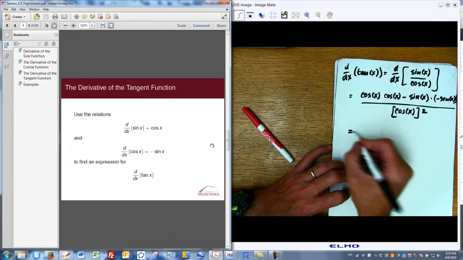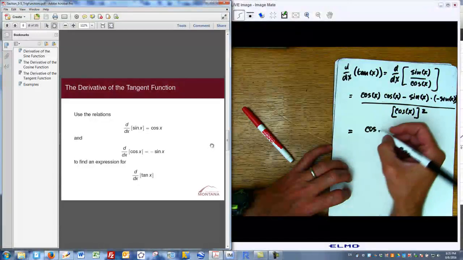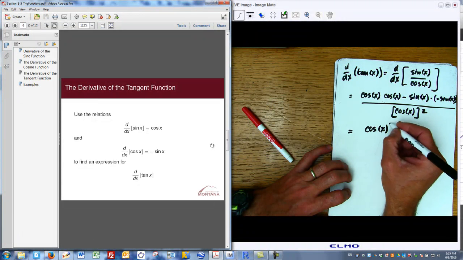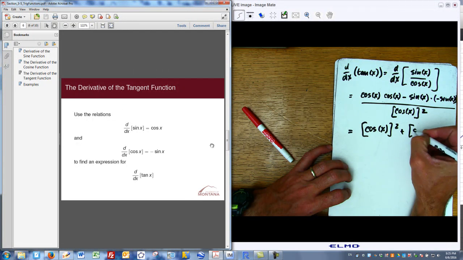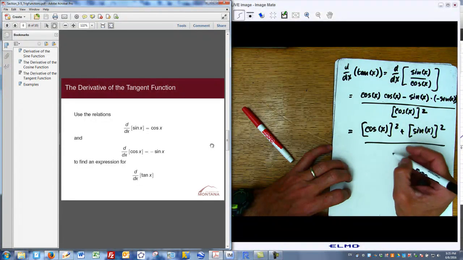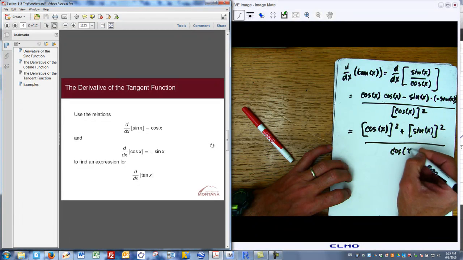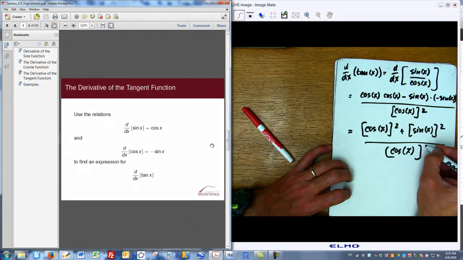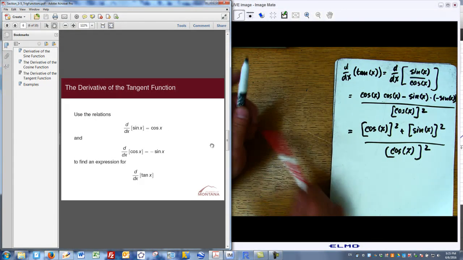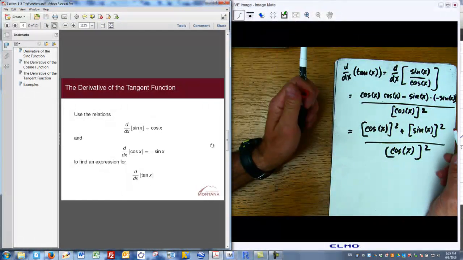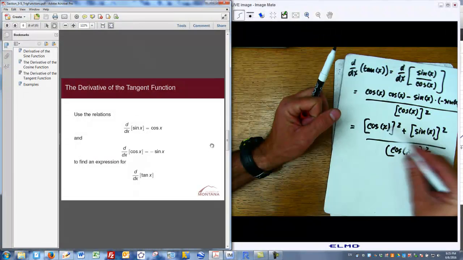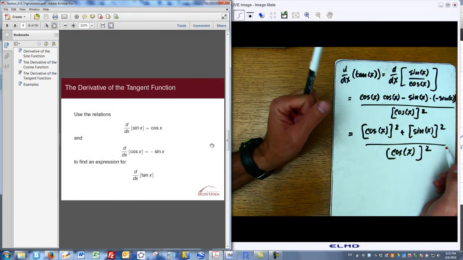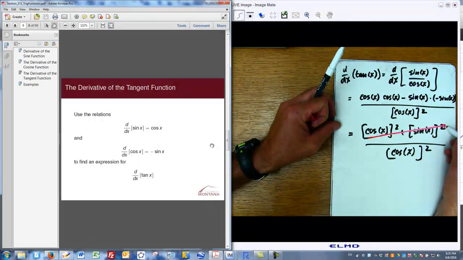Now we need to clean up. So on top we have a cosine of x quantity squared, minus minus, so it'll be plus the sine of x quantity squared, all over the cosine of x quantity squared. One thing you might remember is there is a trig identity that says whenever I have a sine ratio and I add it to the cosine ratio for the same argument when they're being squared, what you get there is a 1.